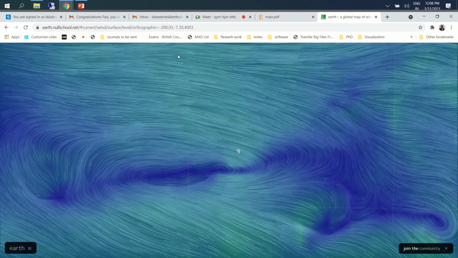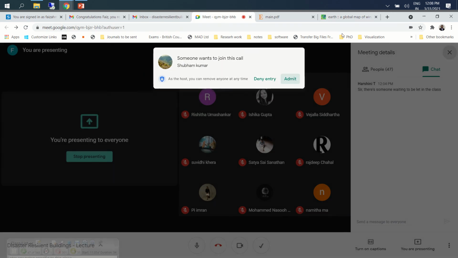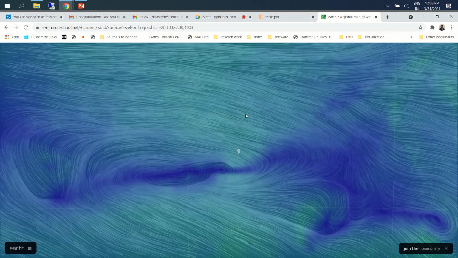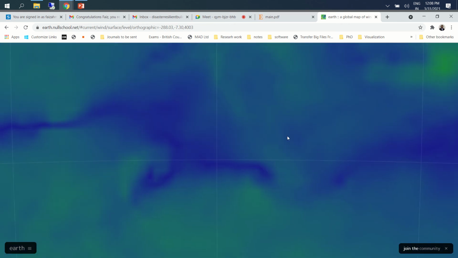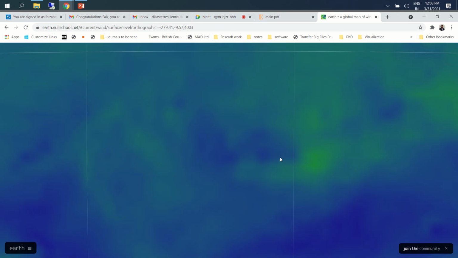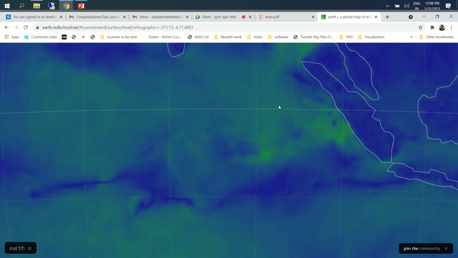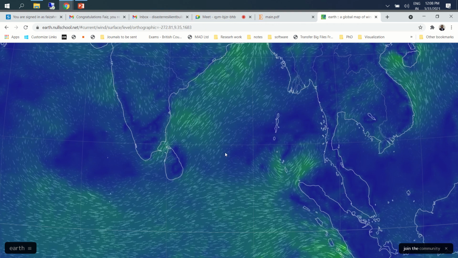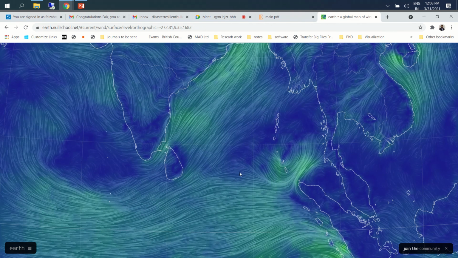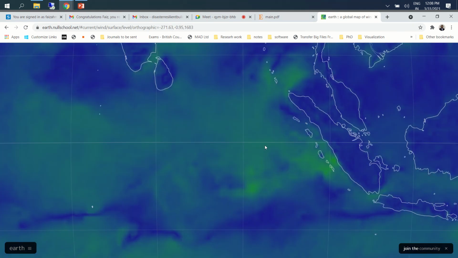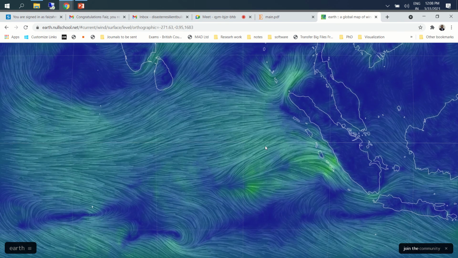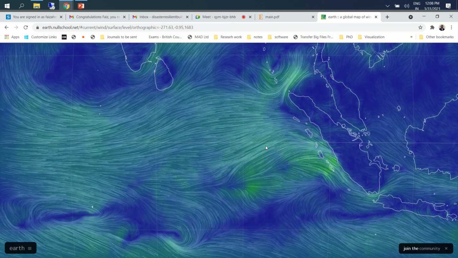There are certain spaces where we can actually see the kind of cyclone being formed. Whether all these are actually turning into cyclones, or these are different, there are different stages after which the actual cyclone is formed.